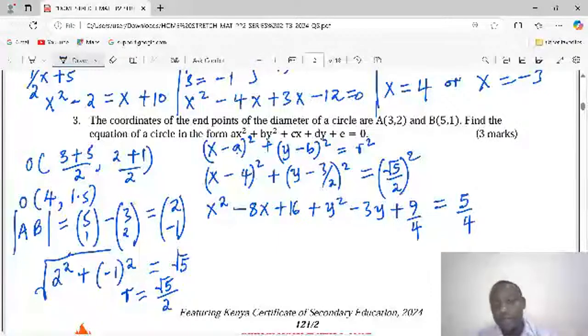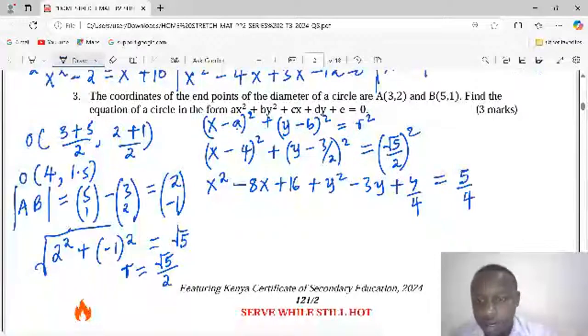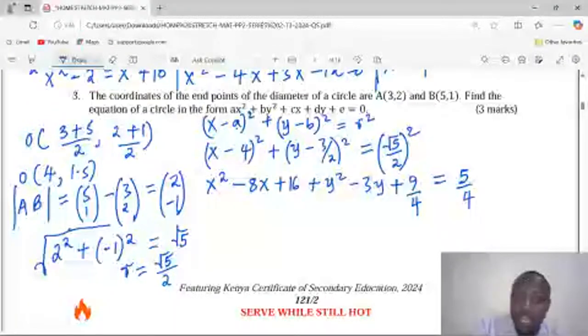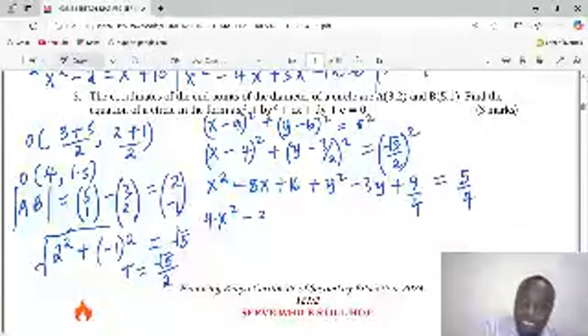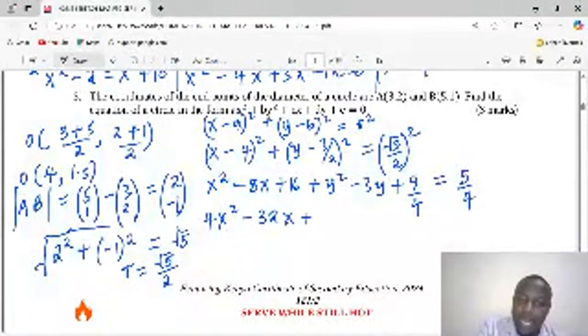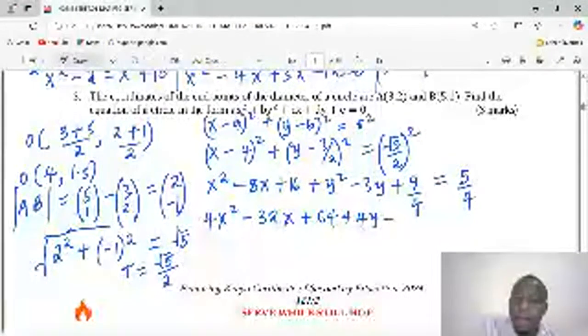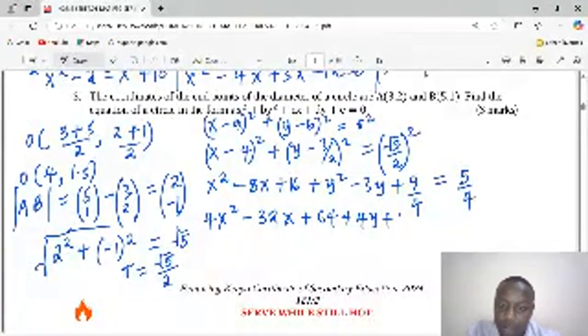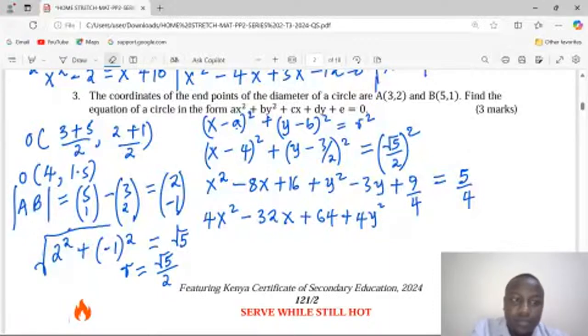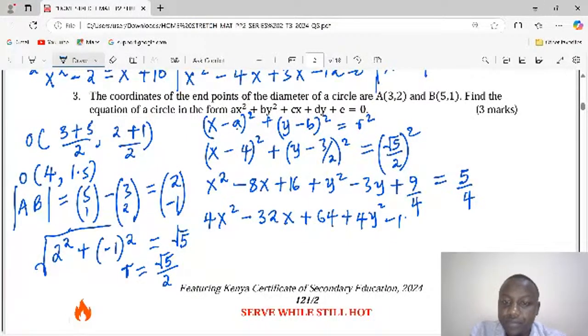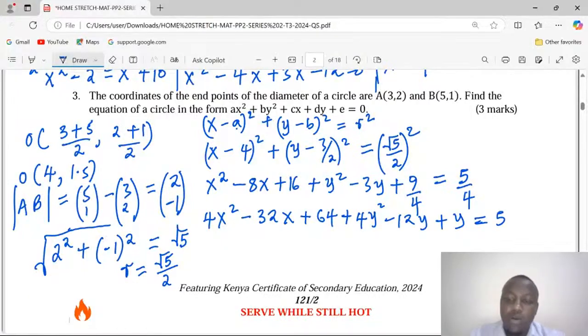Then now with this, multiplying everything by 4, this becomes 4x squared minus 32x plus 64, plus 4y squared, plus we have -3/4, so that will be -12y, plus this becomes 9, equals to this becomes 5 when we multiply through by 4.